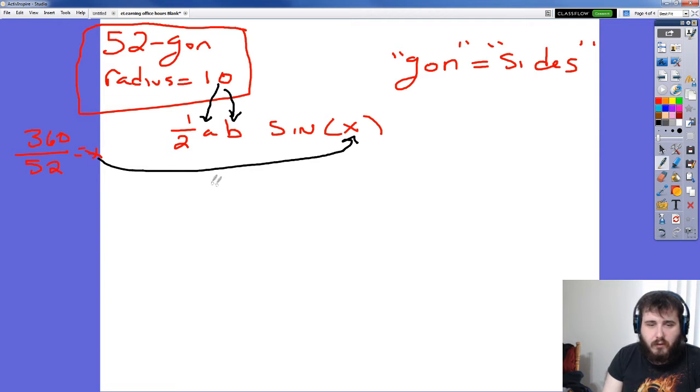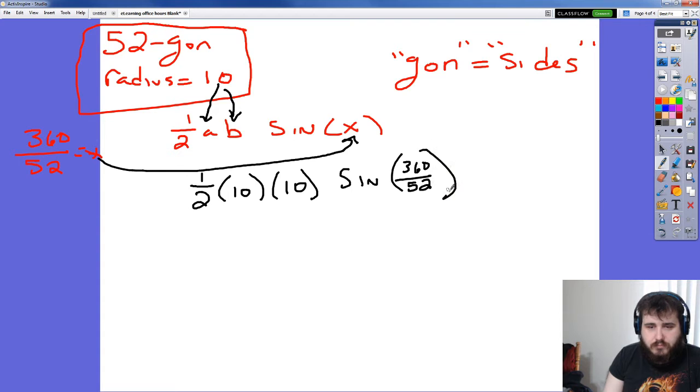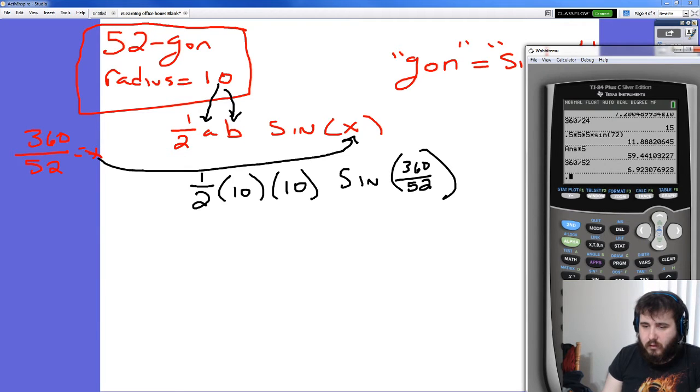So let's now write it out. We've got 1/2 times 10 times 10 times the sine of x. And so when I put this into the calculator, again, 1/2 times 10 times 10 times the sine of, in here, what I'll do is show you how to write this out. You can just do 360 over 52 and see how it's all in parentheses here.